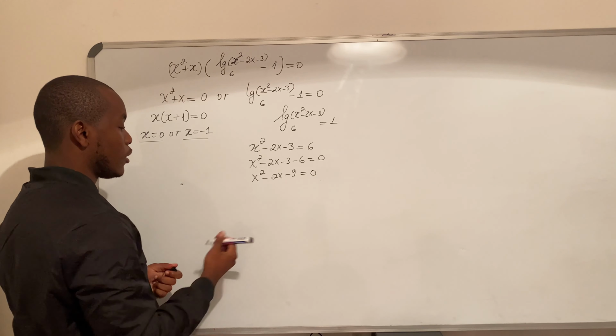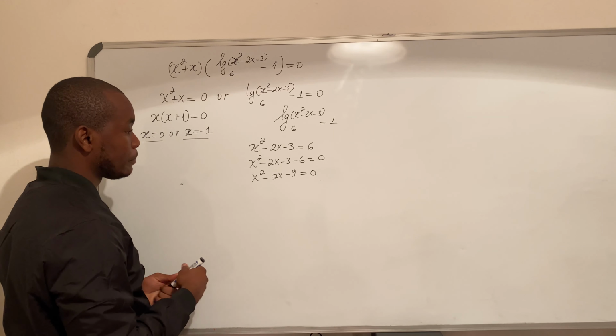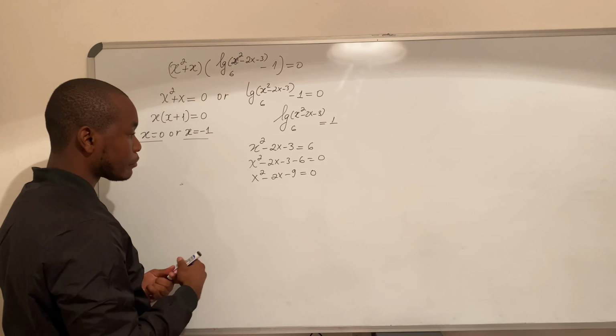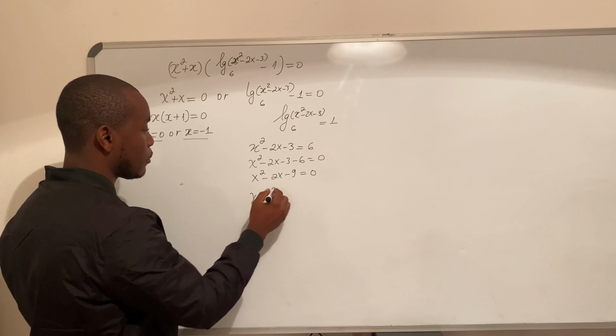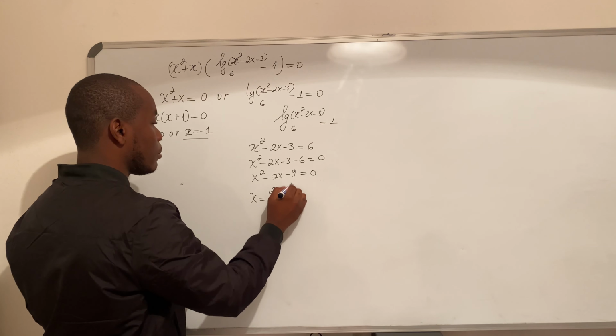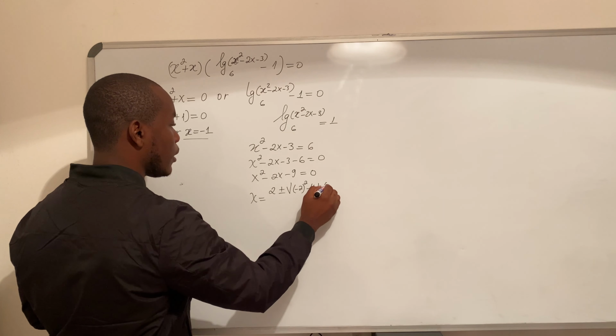Okay, let's now solve applying the quadratic equation, which says x will be equal to minus b, which will become 2 because it's already minus 2 with the minus from the formula, plus or minus square root of minus 2 to the power 2 minus 4 times a, which is 1, times minus 9.